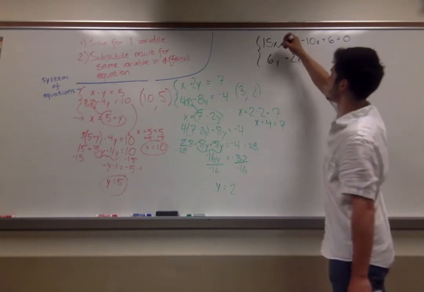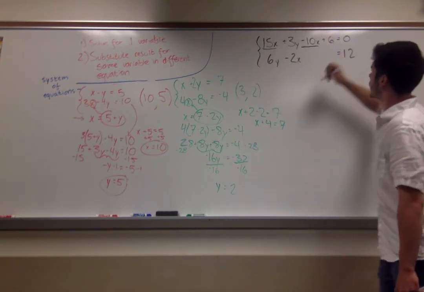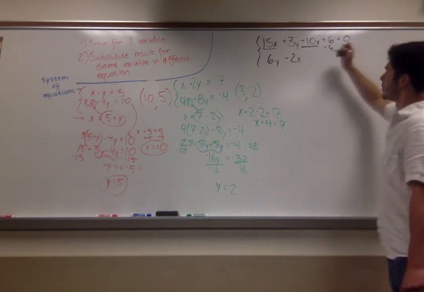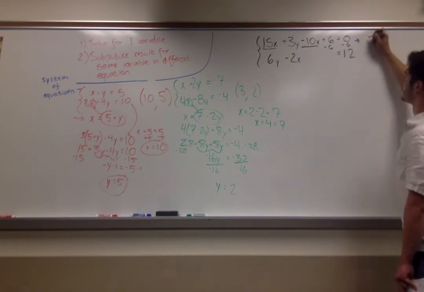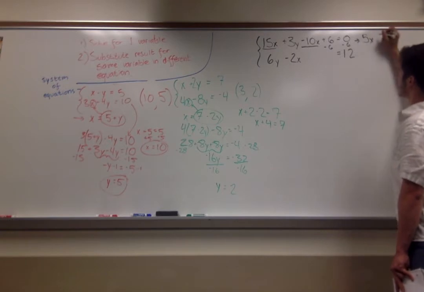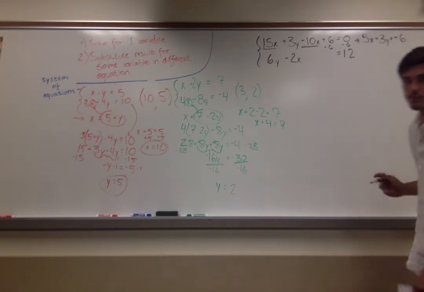So we can combine these like terms, 15x and negative 10x, and then we can subtract 6 from both sides of the equation. And what we'll get then is our new improved equation, 5x plus 3y equals negative 6. Yeah, you can see that.